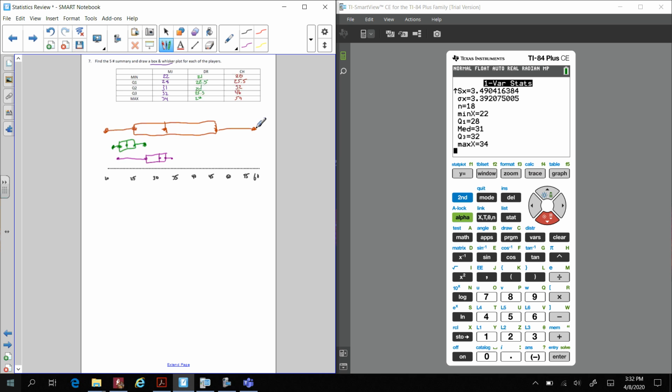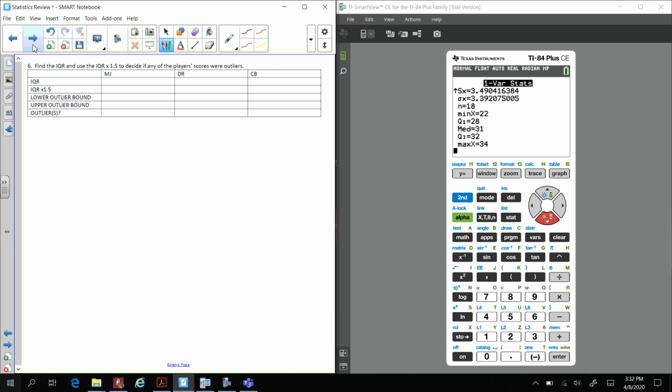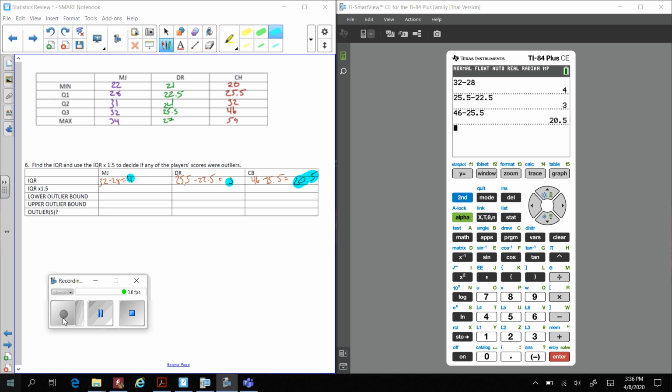If you said Charles Barkley because he might be able to score, I get you. But I'm going to pick Michael Jordan because he is consistently higher. Right, so using your box and whisker plots to make that decision. Cool. So scroll down here. Going to fill in this information for you guys for all three players.